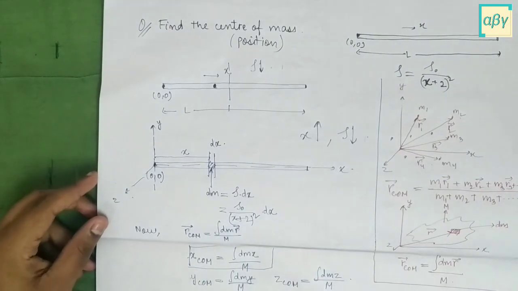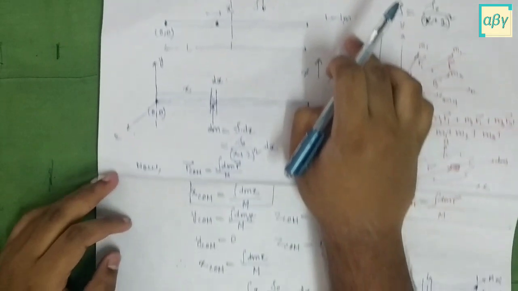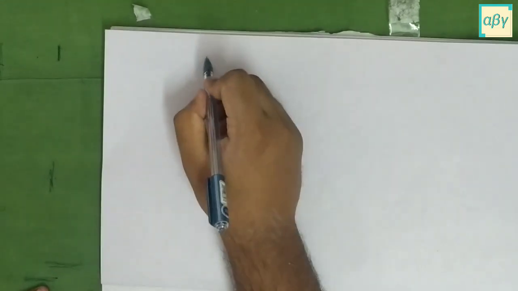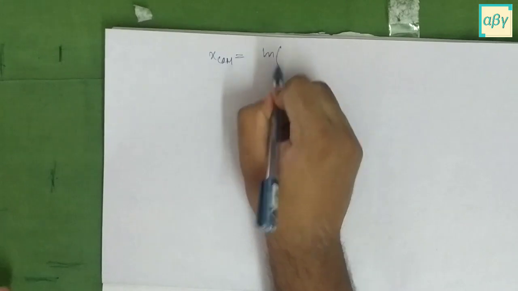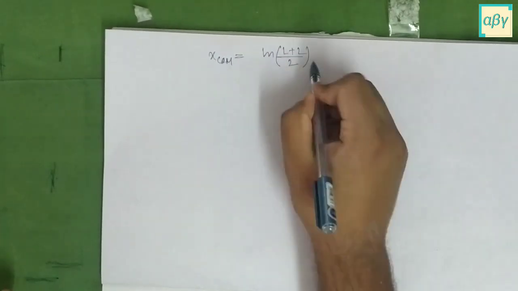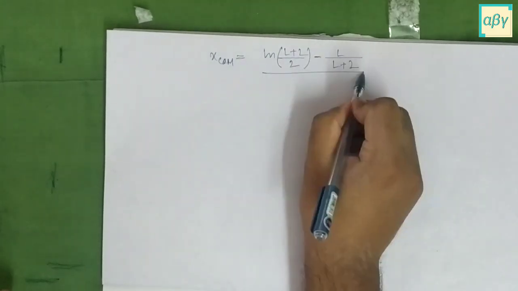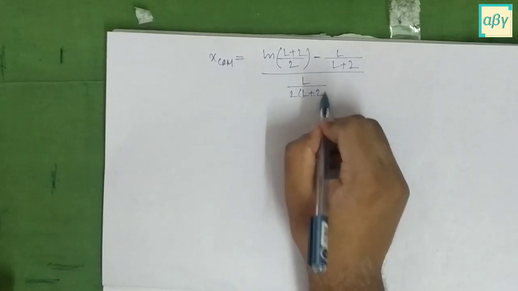Now let me validate this calculation. Let my L be equals 1 meter, and let me put this in this equation. So my answer for XCOM was equals ln of L plus 2 divided by 2 minus of L by L plus 2 divided by L by 2 times L plus 2.